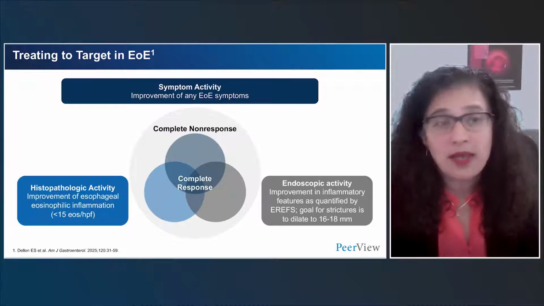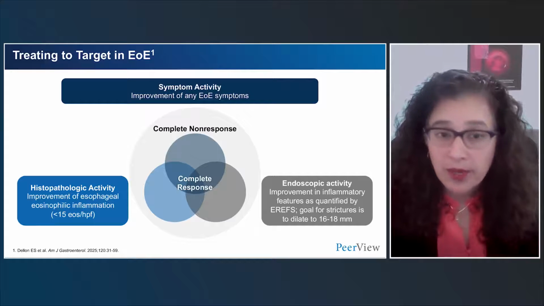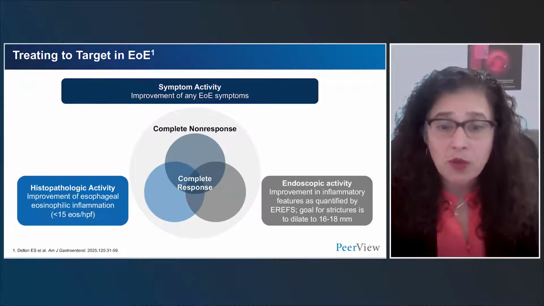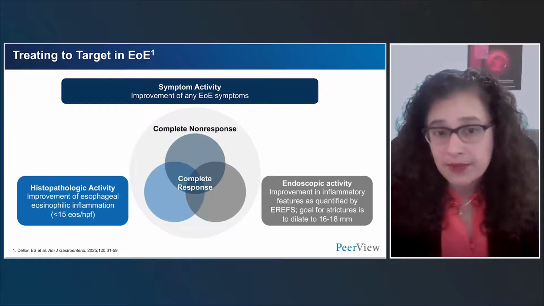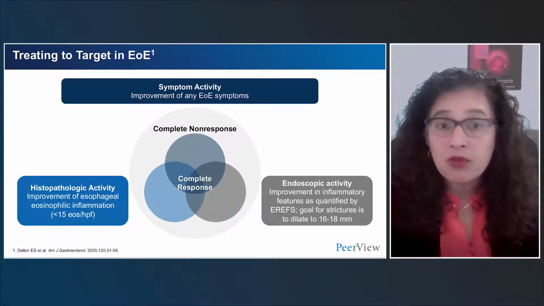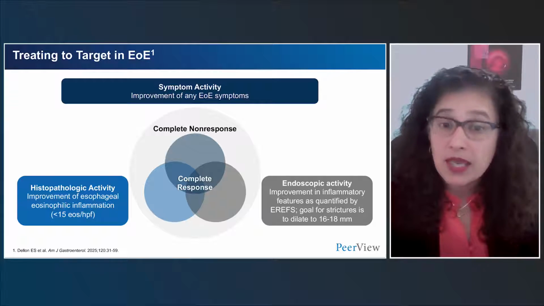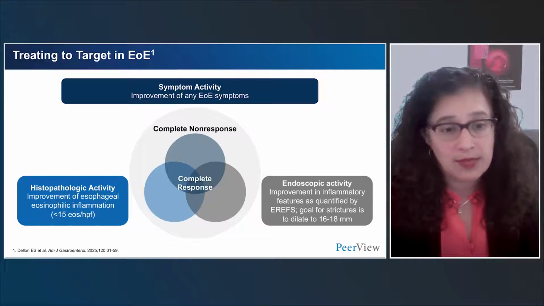It's important to recognize the concept of treat to target in EoE. What are the appropriate endpoints in EoE? Well, it's multifactorial. One, we want improvement in symptom activity. We want improvement in that dysphagia. We don't want our patients to have to be dealing with those impaction symptoms and modifications. So we want improvement in symptoms.